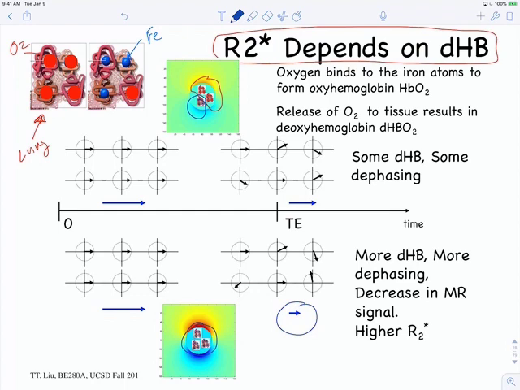Okay. So given this picture and what we talked about, what happens during activation? Is there more or less deoxyhemoglobin in the brain when you're doing an activity on average? We know that the signal goes up with activity in general. So is this the active condition, or is this the active condition?